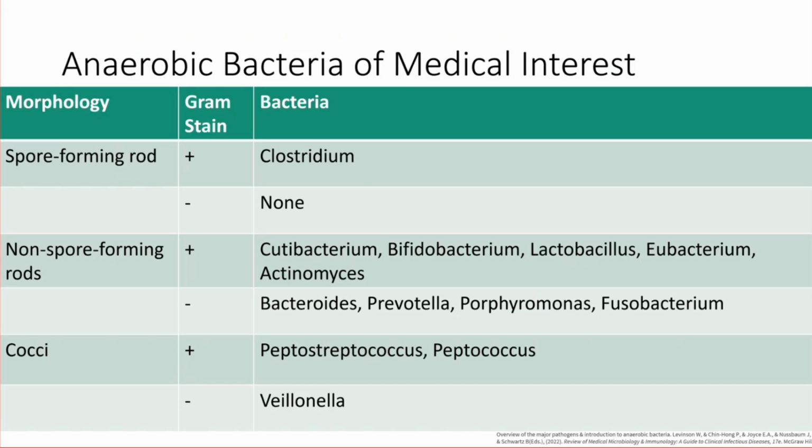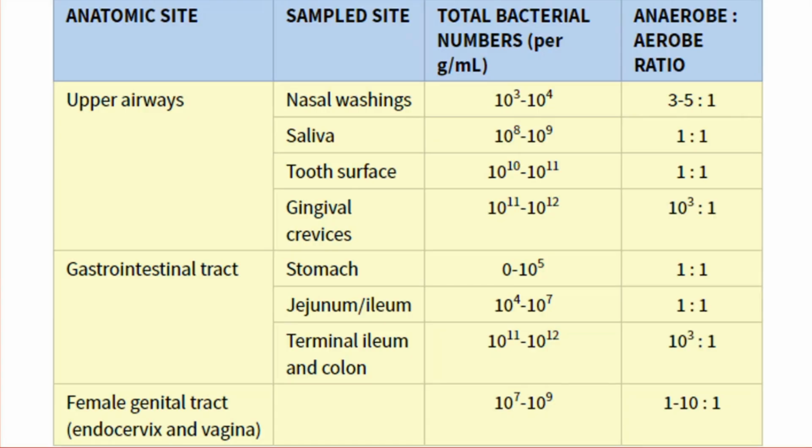Those tiny portions of our mouth, the cracks and crevices, are where they stay. Where else? The female GU tract. But generally speaking, there are way more anaerobes than aerobes. Over 99% of our body's bacteria are anaerobic.